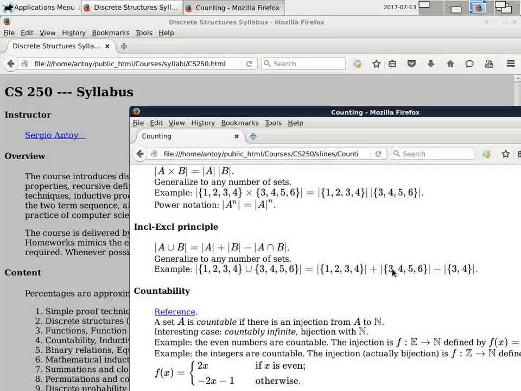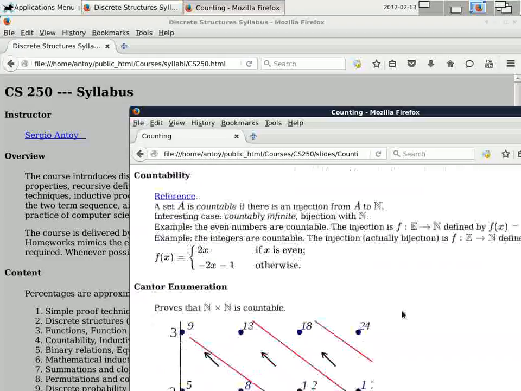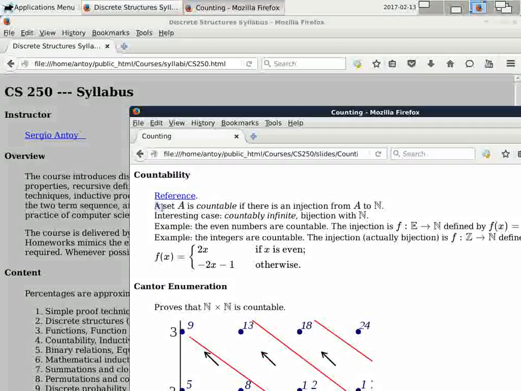And so now we have a very interesting concept. It seems kind of trivial, and on this one we will discover incredibly interesting things. We say that a set is countable, which has the word count in it, meaning you can count the elements, if there is an injection from this set to the natural numbers.